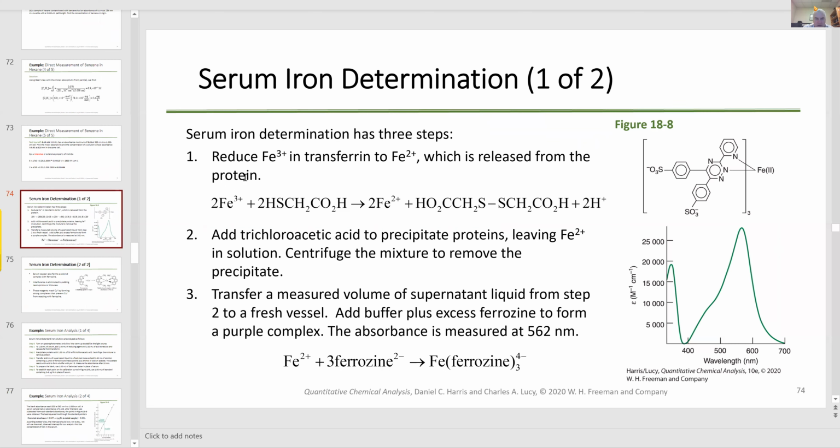Oh, right. So you reduce the iron 3 and it's released from the protein. This is thioctic acid. Oh my God, that's wild. It forms a disulfide. That is so weird. Why would it do that?